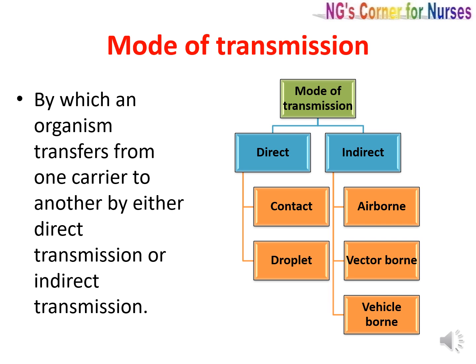Unlike a vector, which is living, a vehicle is a non-living object that can carry an agent from its reservoir to a susceptible host, and this vehicle may be food, water, or an inanimate object or surface. Depending on the agent and the vehicle, the agent may continue to grow and multiply between hosts.